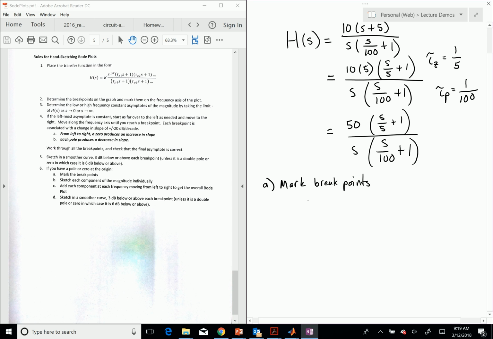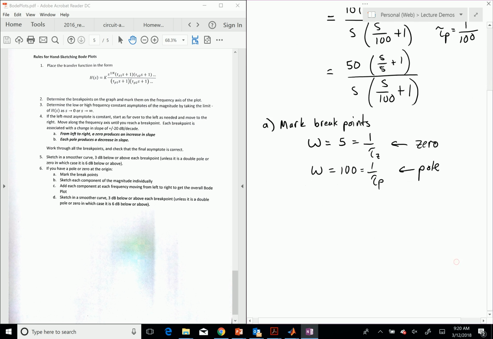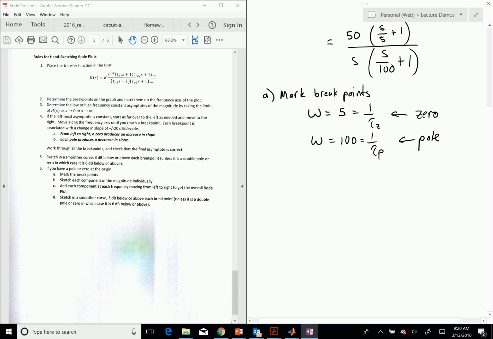My breakpoints appear to be omega equal to 5, or 1 over tau z, and omega equal to 100, or 1 over tau p. So this is a zero. This is a pole.